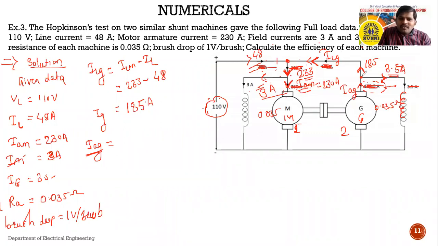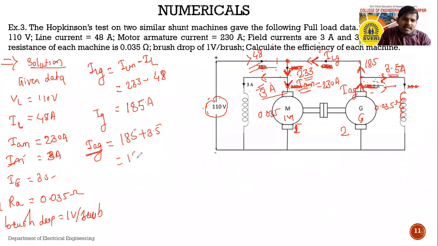So I want to calculate the armature current of the generator. Whether this is the sum of these two currents or the subtraction of these two currents? Will these two currents be added or subtracted? Incoming current is equal to outgoing current. This is incoming, these two are outgoing. So that means IAG is equal to the summation of both outgoing currents, 185 plus 3.5.